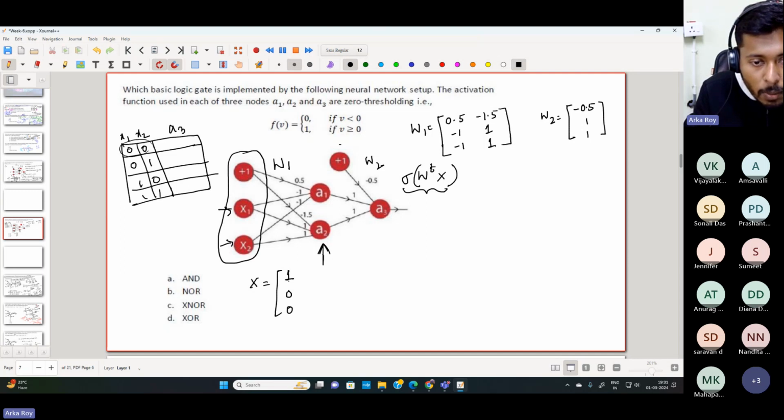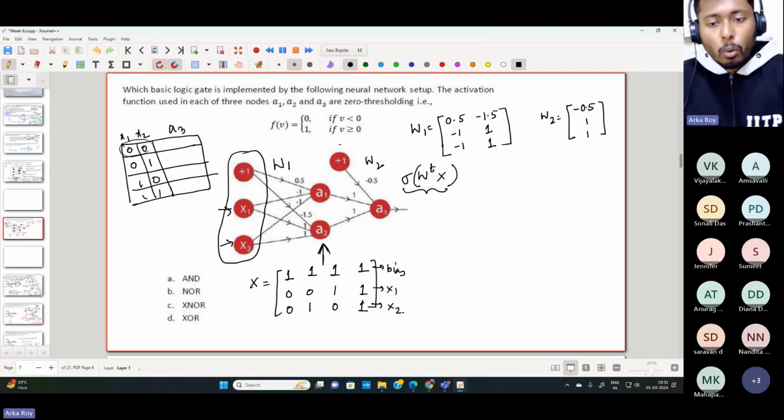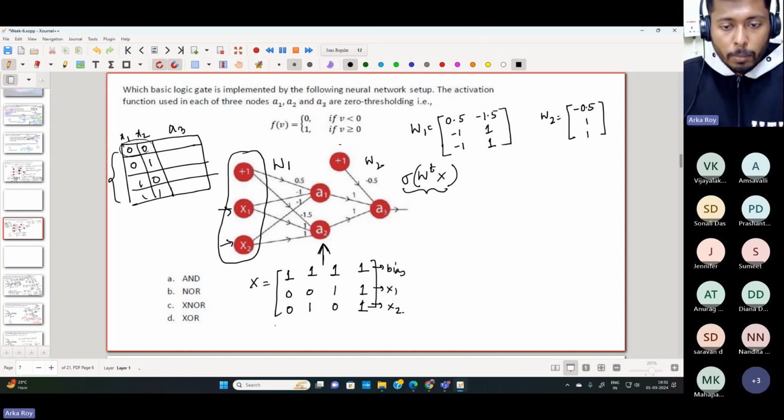The first case is 1 0 0, where 1 is for the bias. The second case is again 1 for bias, then 0 1. Then you have 1 1 0, and again the first 1 is for the bias, and this is 1 and 1. So this one is the bias, this one is x1 and this one is x2. We have written the whole set of combinations in this particular matrix.